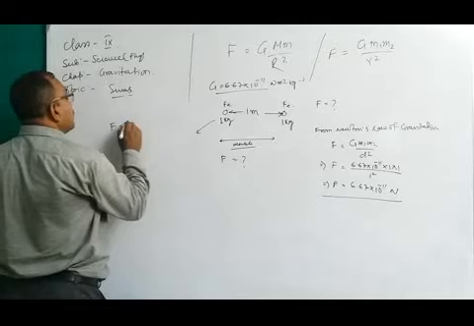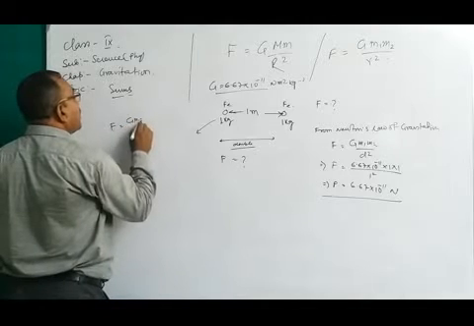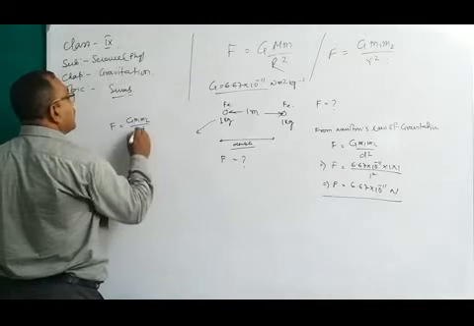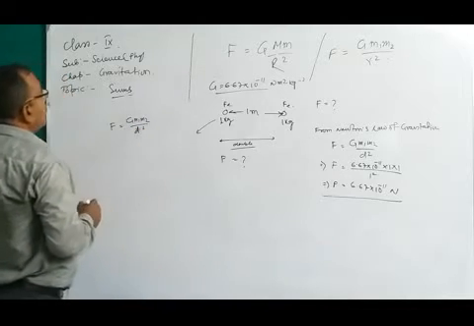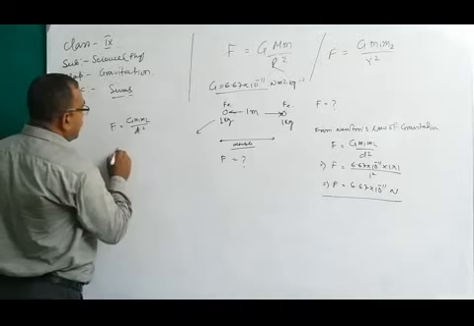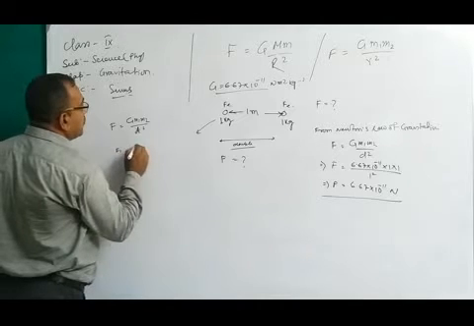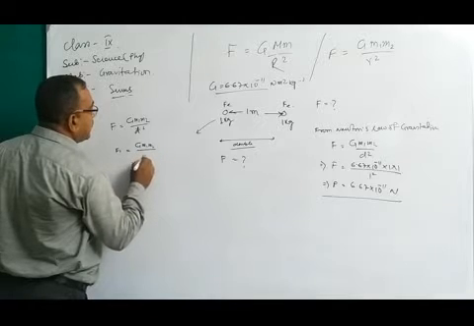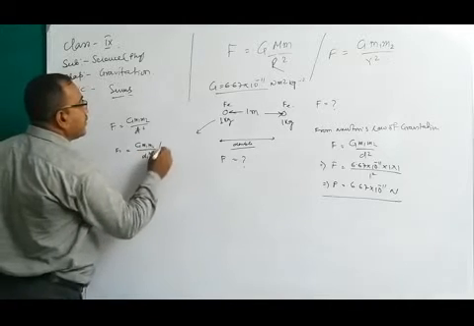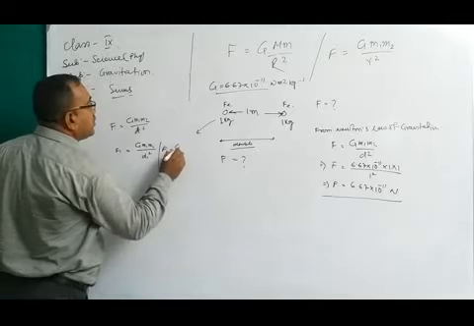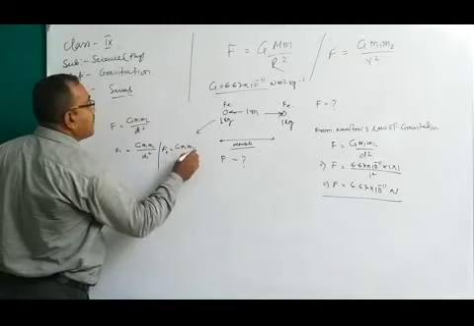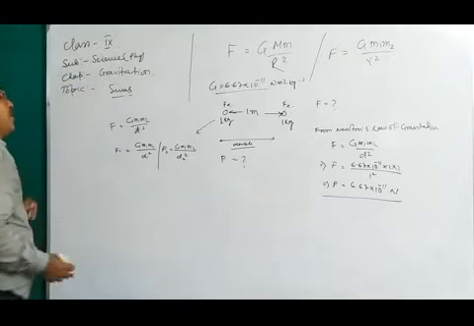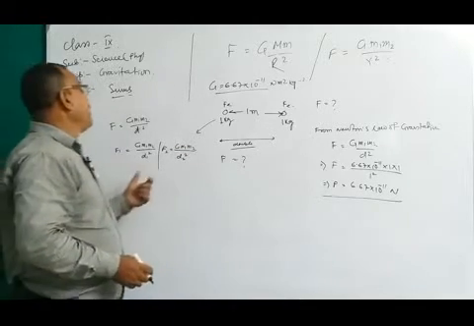F equal to G m1 m2 by r square or d square. Okay. So F1 equal to G m1 m2 by d1 square. F2 equal to G m1 m2, masses are same, by d2 square. If the distance is double, what will be the force?